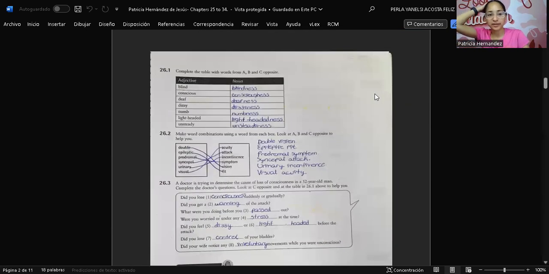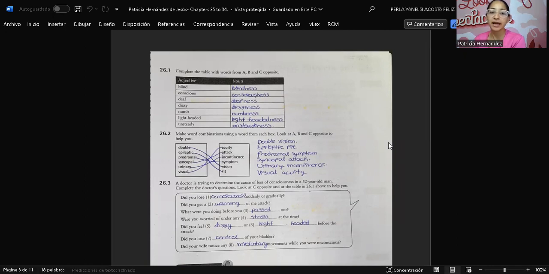Okay, chapter 26 is about the nervous system. 26.1. Complete the table with words from A, B, and C opposite. Adjective and noun. Blind, blindness. Conscious, consciousness. Deaf, deafness. Dizzy, dizziness. Numb, numbness.